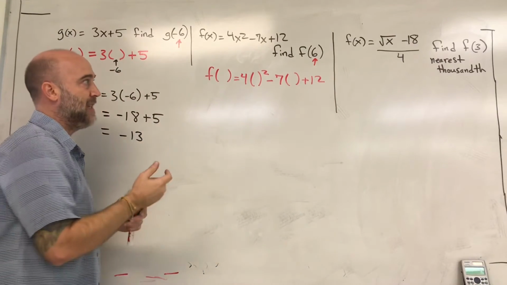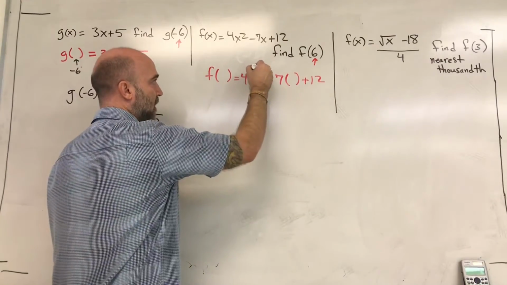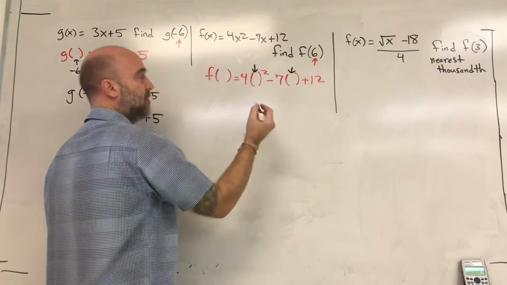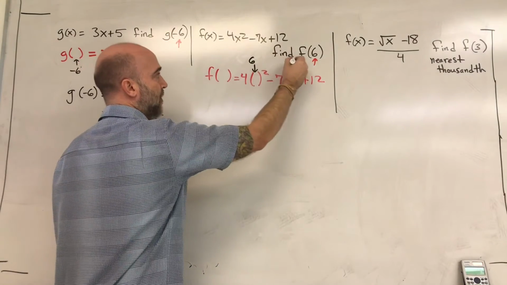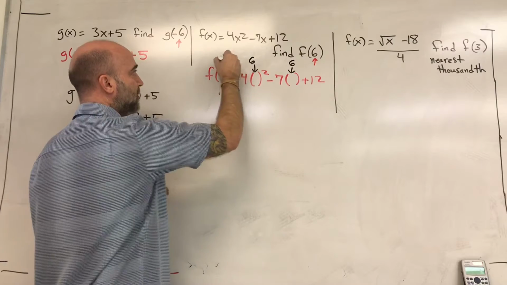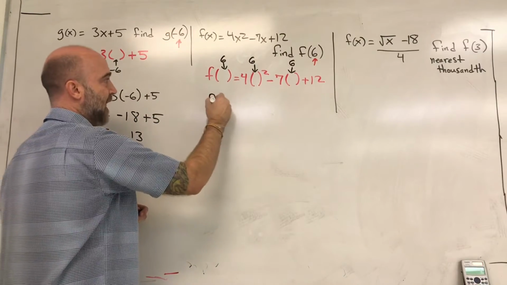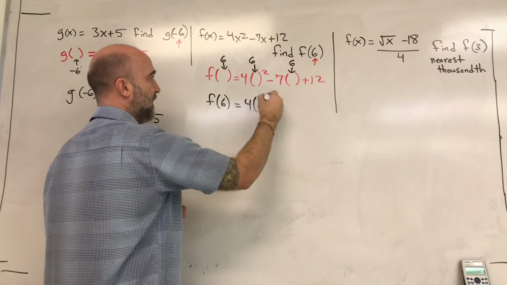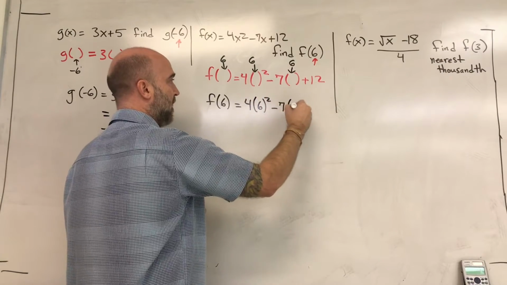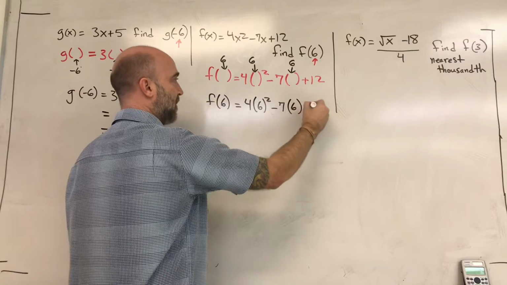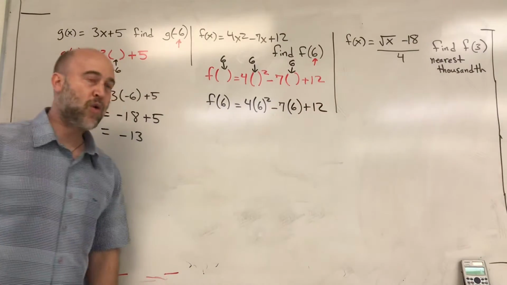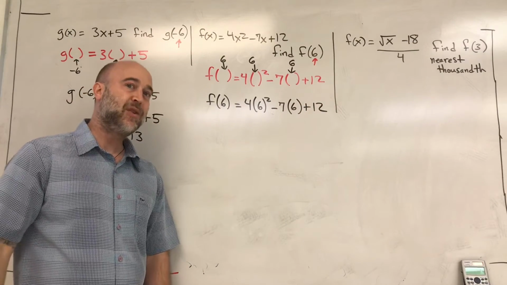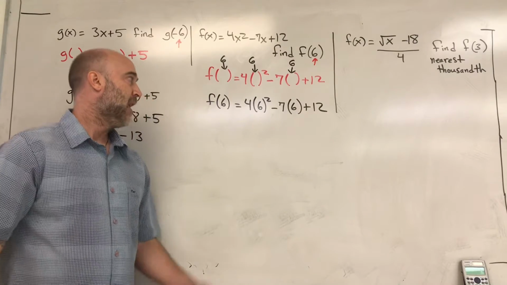Now, wherever I see parentheses, what do I plug in those parentheses? The 6. So this now tells us f of 6 is equal to 4 times 6 squared minus 7 times 6 plus 12.